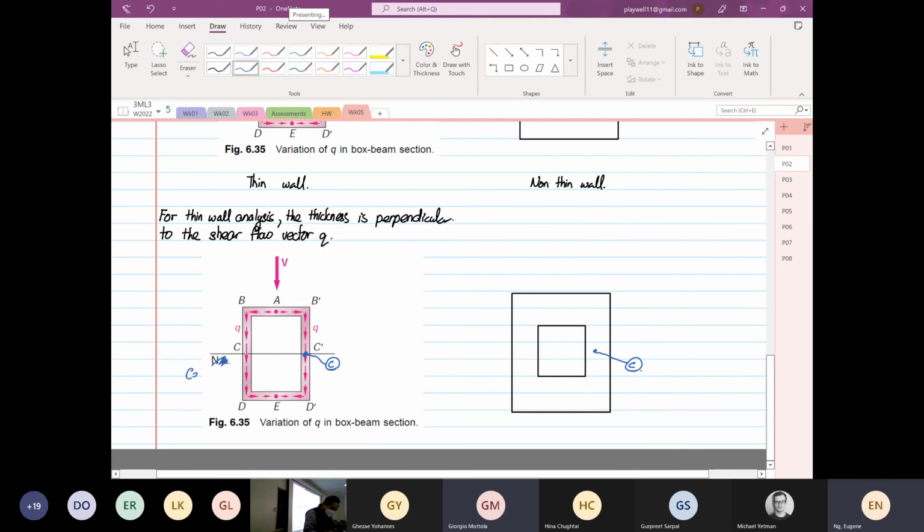This should be addressed as centroid. Because neutral axis in engineering terms means there's no stresses. Centroid is a geometry-based feature. Okay, so now I draw on the right-hand side our centroid. Okay, so this is also our centroid.